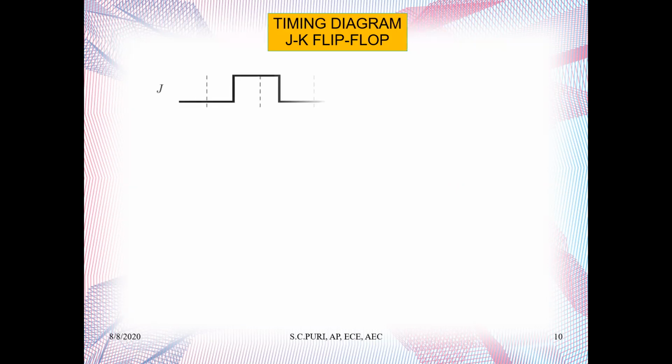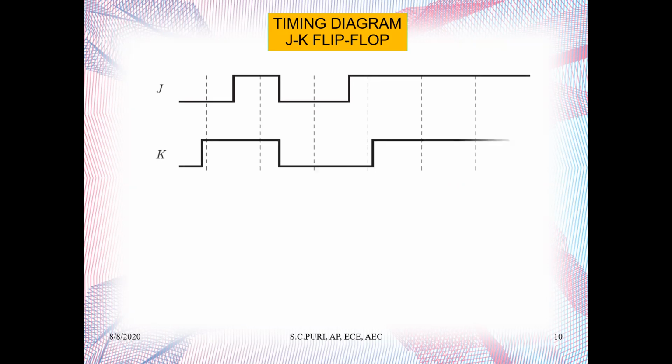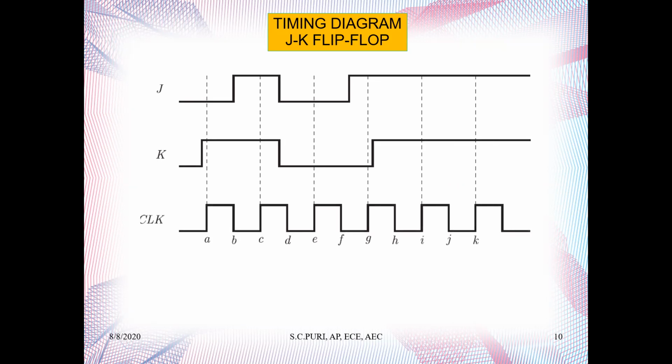So the timing diagram, as you can see here, if this is J and if this is K, and if this is the clock, then this is the Q. As you can see here, at this positive edge of the clock, J is 0 and K is 1. That means reset. You can see it is coming back to 0 because it had started from 1.